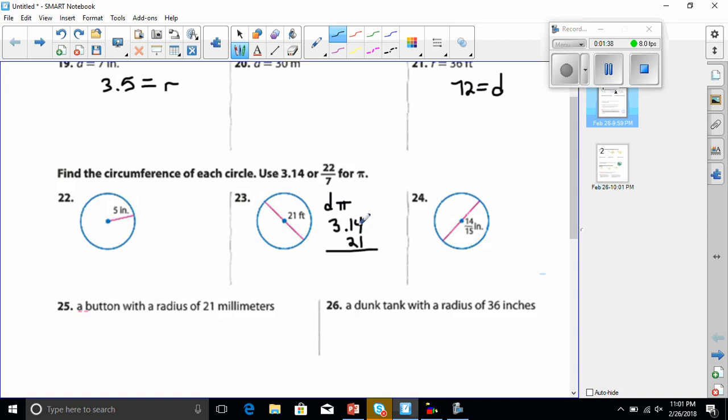And if we go ahead and multiply that out, we see that we have 314. And then we'll put a 0, and that's going to be 8, 2, and 6.